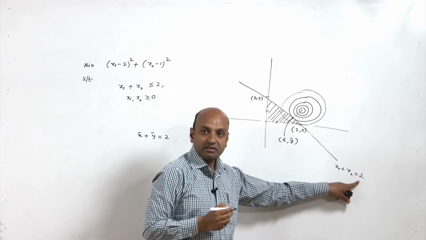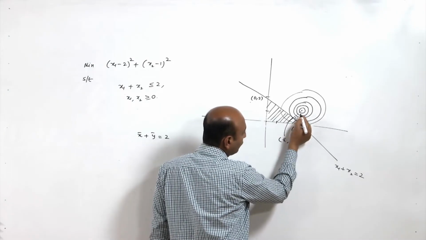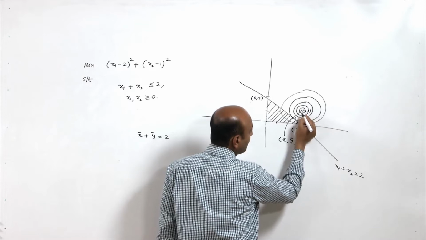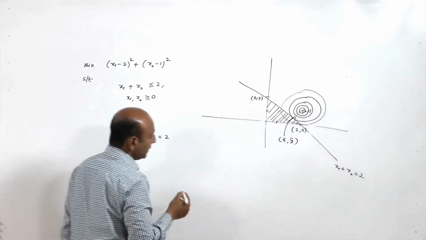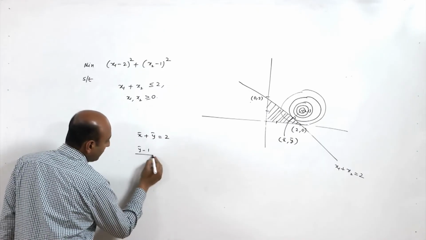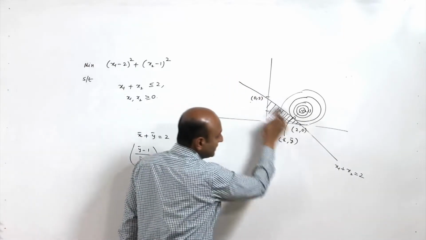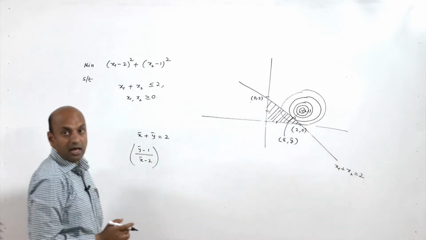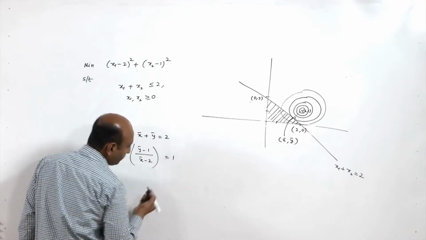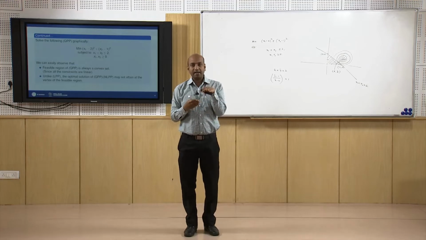Satisfy this constraint, and now this is perpendicular also, and this center is 2 comma 1. Slope of this line will be nothing but (y bar minus 1) upon (x bar minus 2), and slope of this line is minus 1, and both are perpendicular. So, this product will be nothing but equal to minus 1, okay, because they are negative reciprocals.